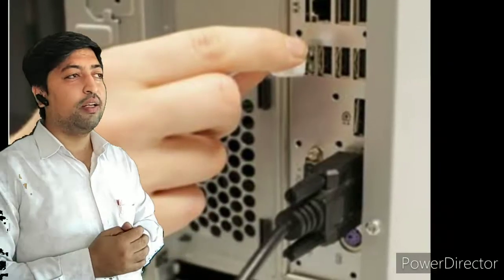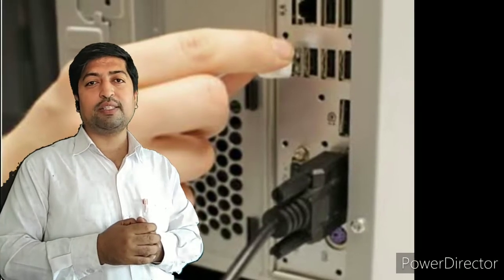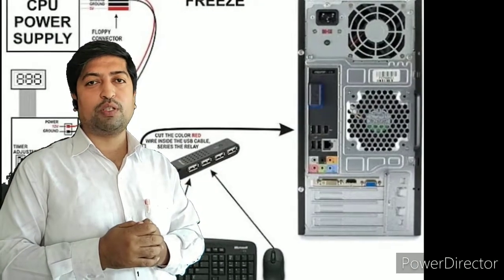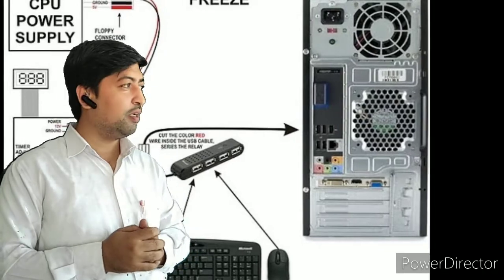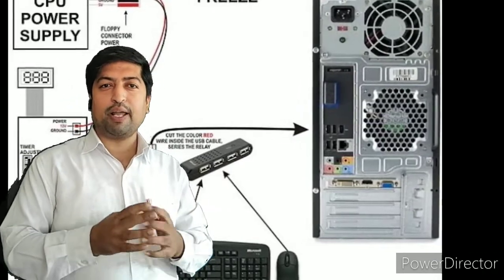Then we can also explain that the CPU consists of many different parts. Inside the CPU there is a microprocessor.